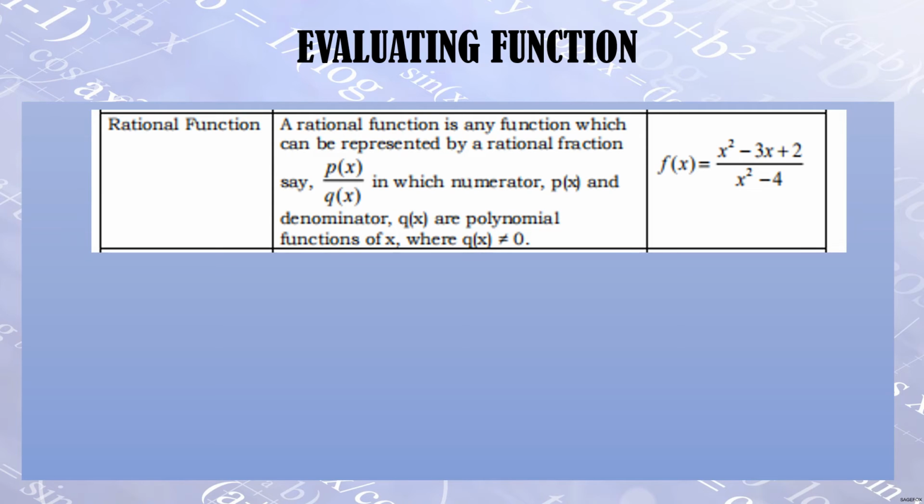Bakit? Kasi once na nag-equal to 0 ang iyong denominator, magiging undefined yan. Recall, yung inyong lesson sa grade 8, if I'm not mistaken, o grade 10. Recall that, na kapag ang denominator ng isang fraction ay nag-0, that will be undefined. Meaning to say, walang real value.